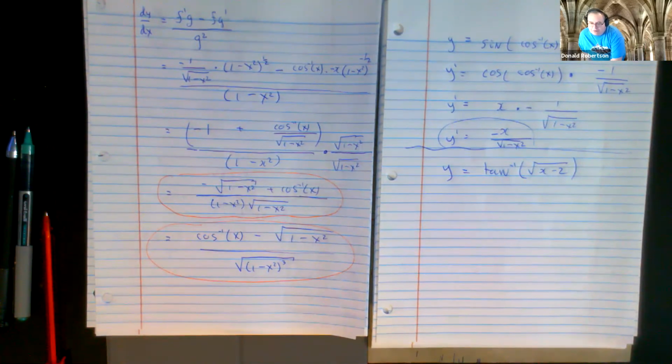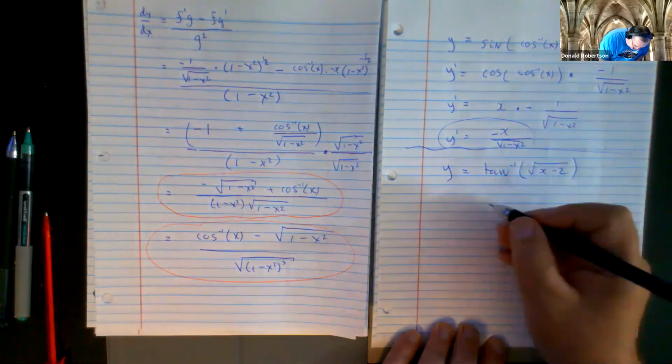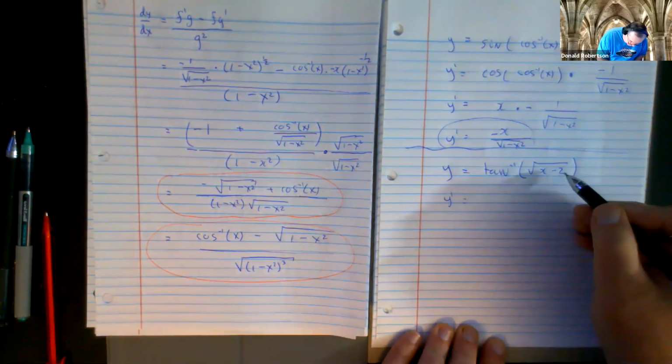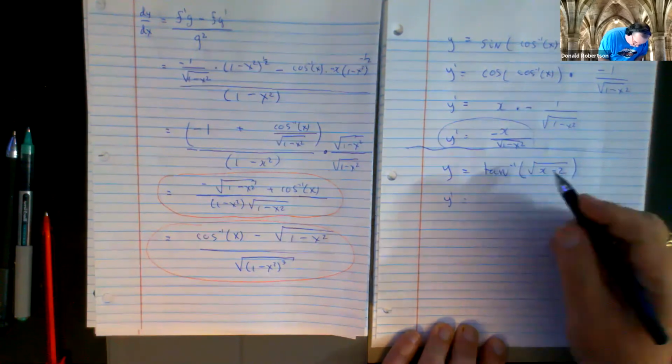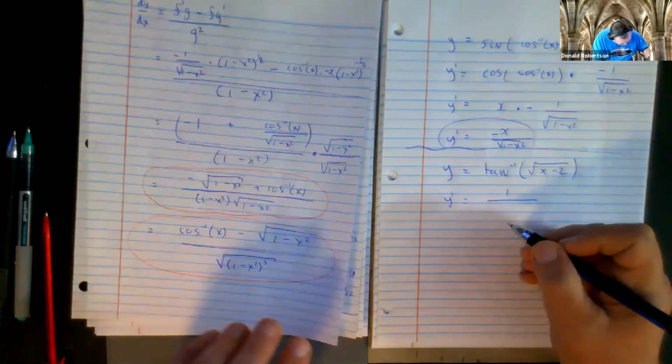I want to do the derivative of that very ugly chain rule. Okay, derivative of an inverse tan of something is 1 over 1 plus something squared, or something squared plus 1.